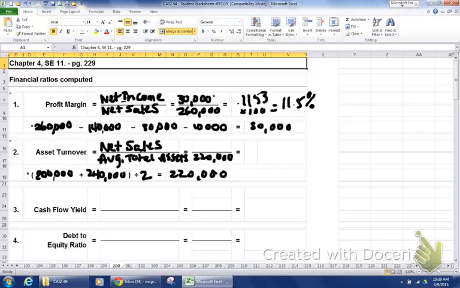And then our numerator is the net sales, and our numerator is 260,000. And then when we divide that out, we get an asset turnover ratio of 1.18, or 1.18 times, okay?